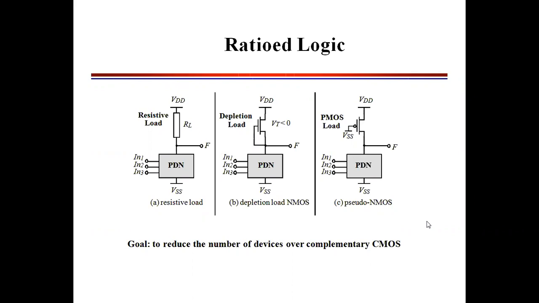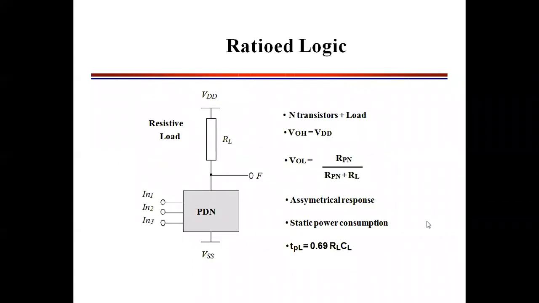You can use a resistive load pattern, you can go for a depletion load NMOS, or you can go for a pseudo NMOS. You can use any of these to reduce the number of devices you require over a complementary CMOS. And that reduced part is nothing but the ratioed logic.